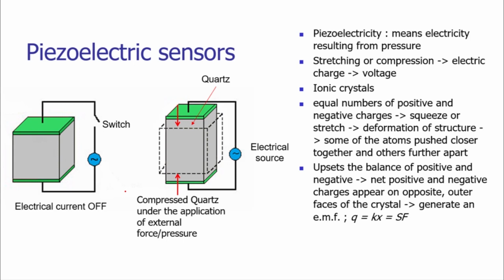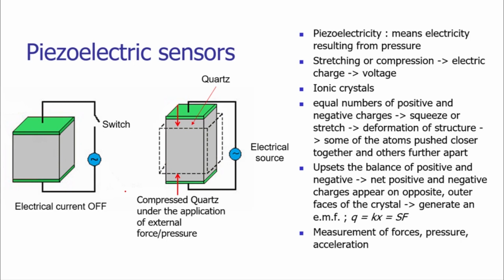So in general, the EMF is directly proportional to the application of the force, and the application of the force is nothing but by what amount you are squeezing, or by what amount you are stretching the material. So you can see Q is directly proportional to X and K is the proportionality constant.